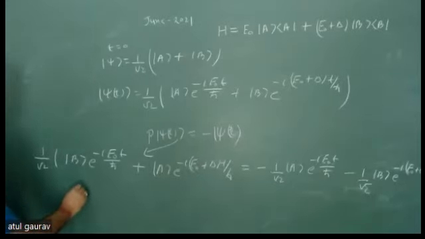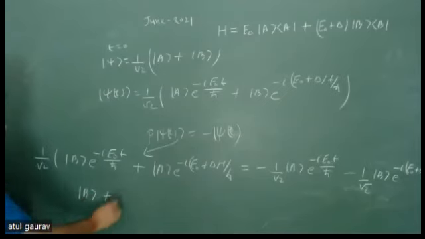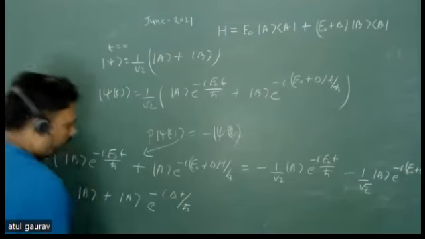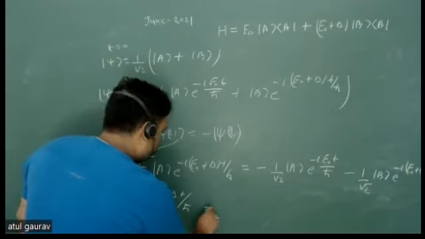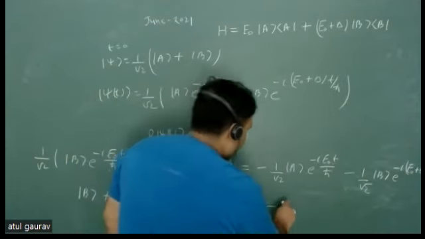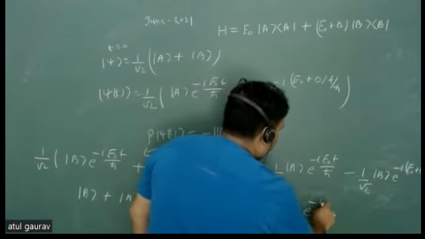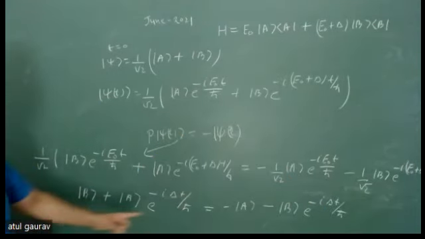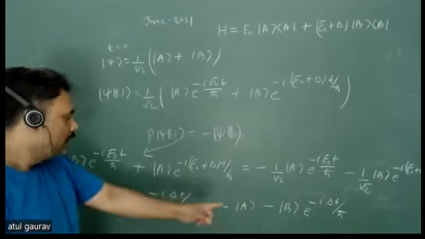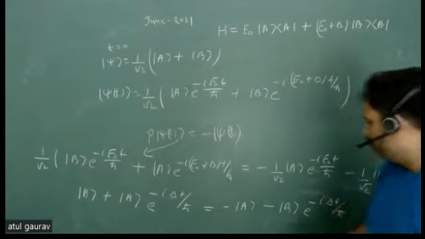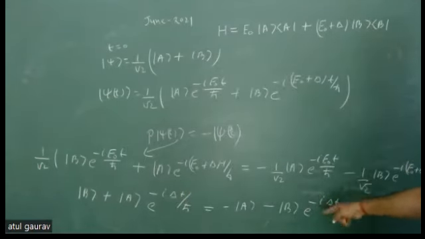So what we will get is b plus a e to the power minus i delta t upon h cut must be equal to minus a minus b e to the power minus i delta t upon h cut. And this will be true when this particular value is equal to minus 1, isn't it?